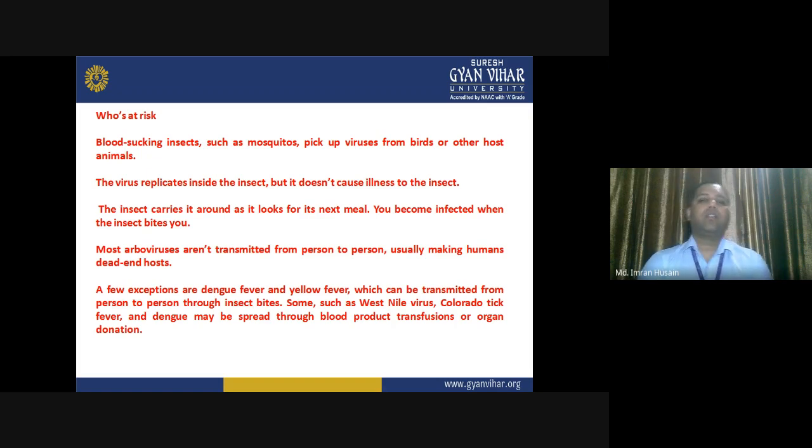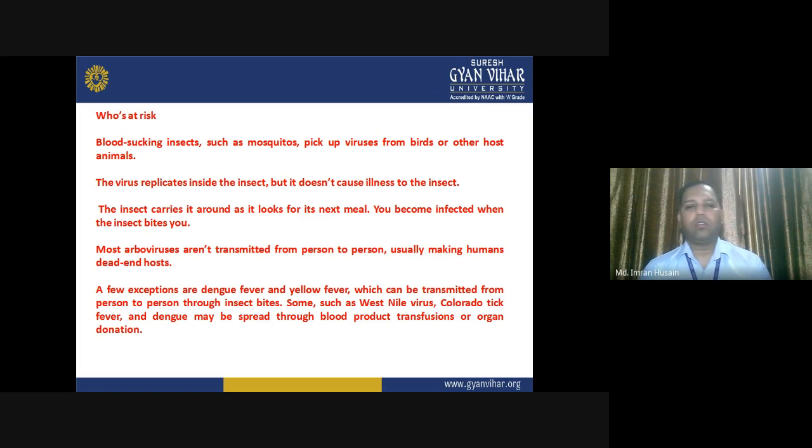Blood-sucking insects such as mosquitoes pick up the virus from birds and other host animals. Okay, so the speciality is the blood-sucking insects, insects who are always interested in sucking the blood of other animals, such as mosquitoes. They pick up the virus especially from birds and other animals like cattle.